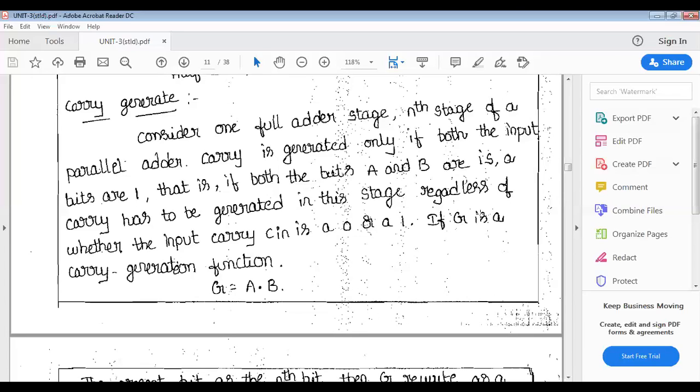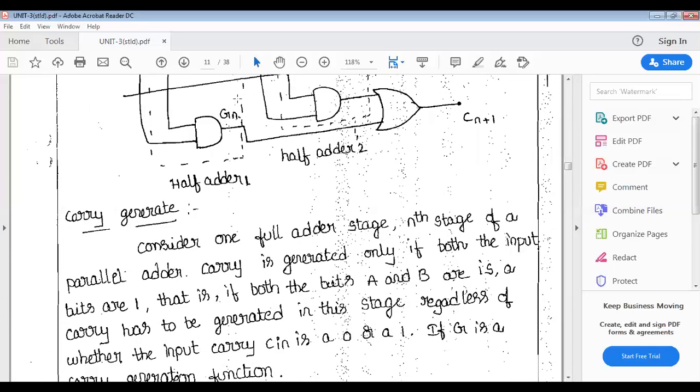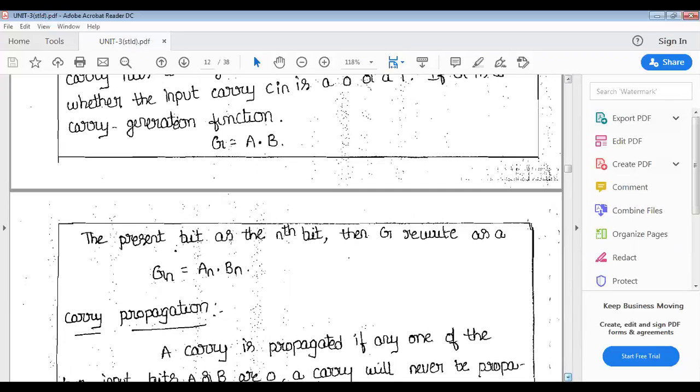If G is the carry generator function, you can see in the circuit here, I name it as the half adder 1 output GN, and GN is equal to An and Bn. Simply, G is equal to A into B. If the present bit is the nth bit, then we rewrite it as Gn is equal to An into Bn.